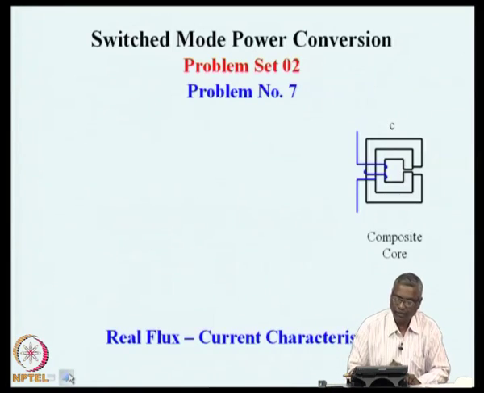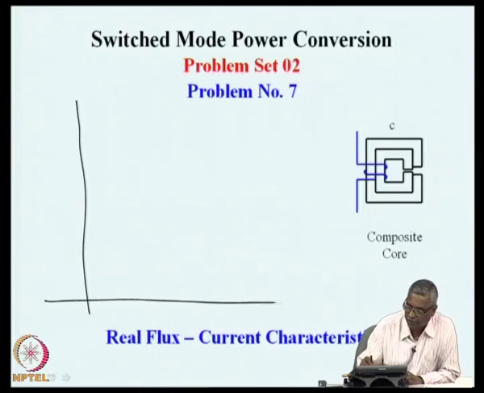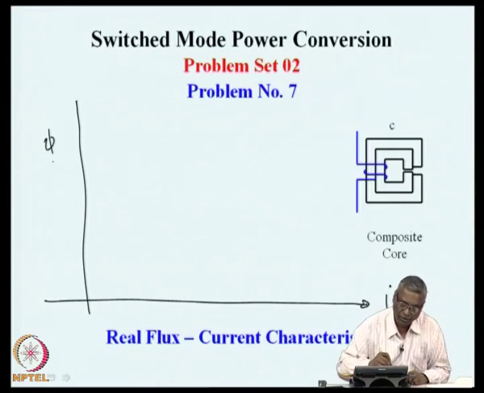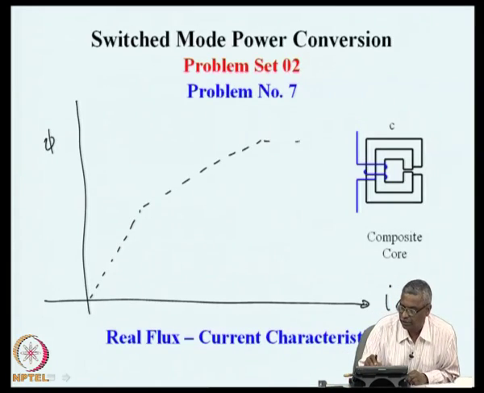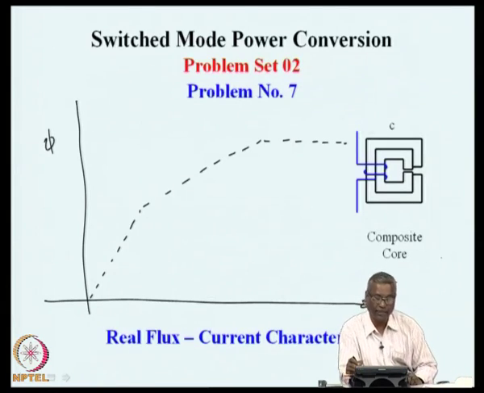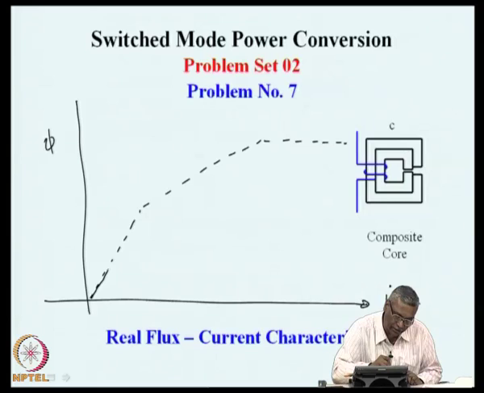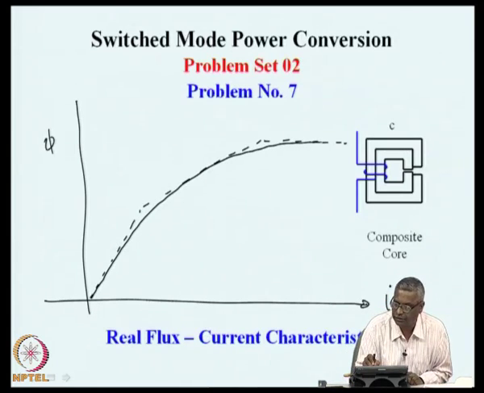If we build a real inductor with this kind of characteristic, asymptotically, it will have the behavior of what we have seen, but in reality, because none of the materials are ideal, you will see a tangent to all this will be our real flux linkage characteristics.